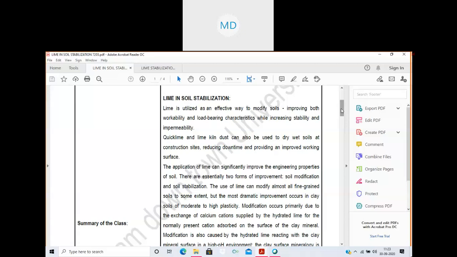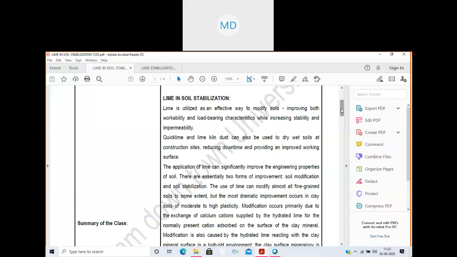Okay, suppose in some weak soil we cannot do construction works and all. So we will try to change the engineering properties like bearing capacity and shear strength. We will try to increase the bearing capacity and reduce the pore water pressure.